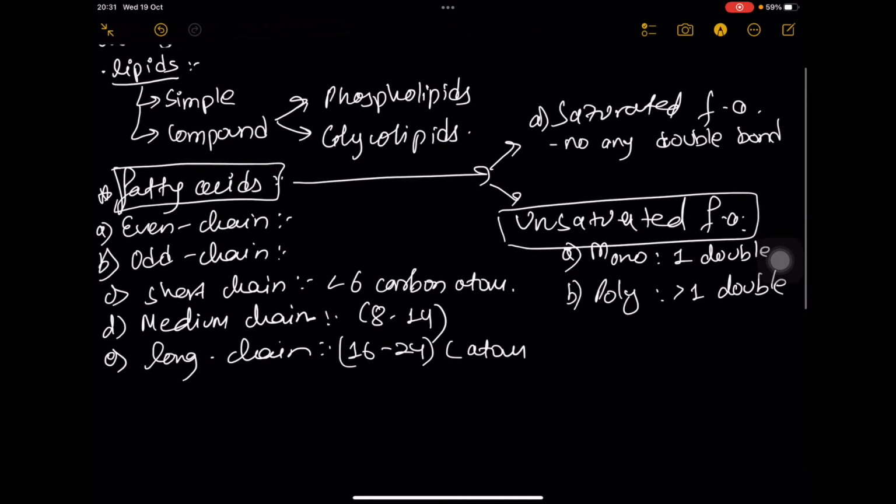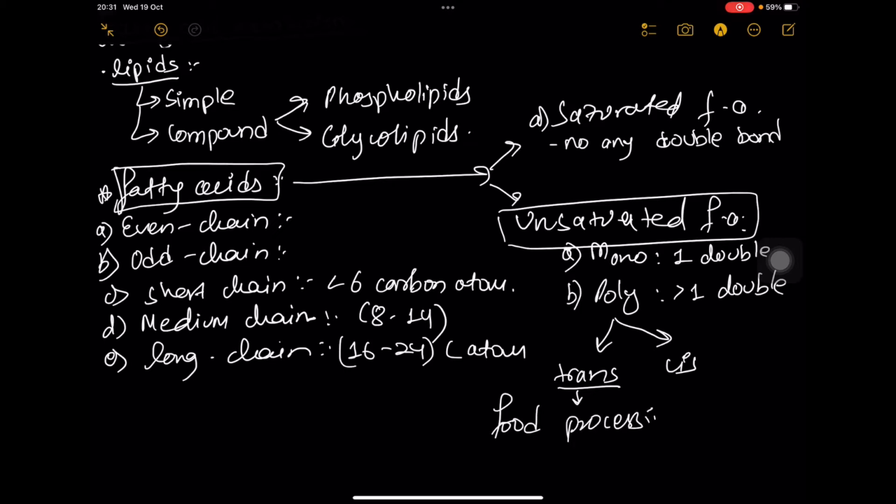Again, we can divide them into two forms. One will be the trans form and another will be the cis form. Cis form is the natural fat which is available, and trans form is the fat which is available after food processing. So it is not good for health. Trans fats are obviously not good for health.